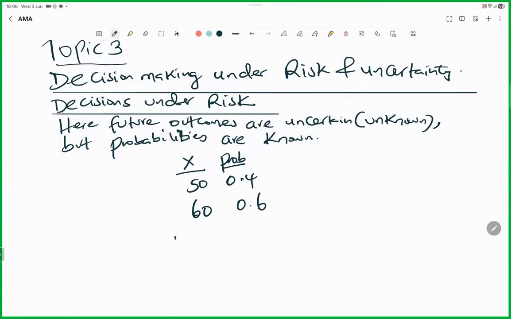That gives us what we call expected monetary value, which is the same as X bar. To get X bar, you take X values times P and then you sum. So you create a column here for XP.